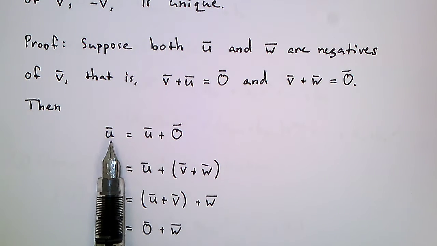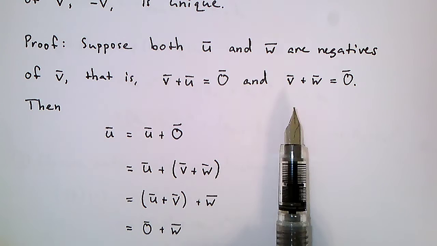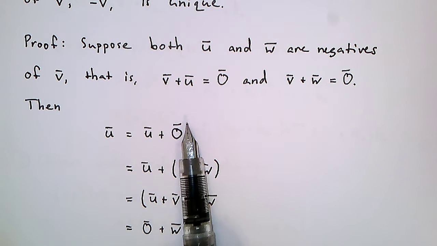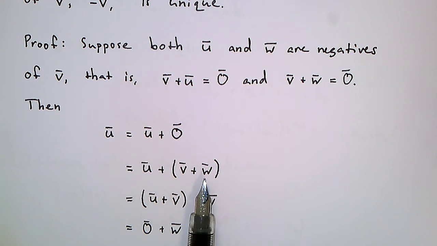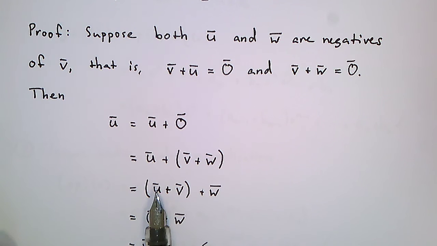I'm going to start with my vector u, and I'm going to add 0 to it. But I can make use of this equation up here. v plus w is equal to 0. So instead of writing 0, let's write v plus w. And now I can rearrange the parentheses. So this is the associative property of addition. This is property 4 of the vector space if you're keeping track.